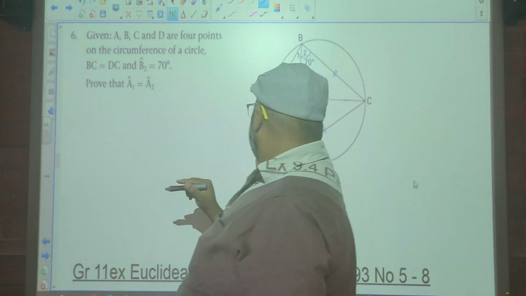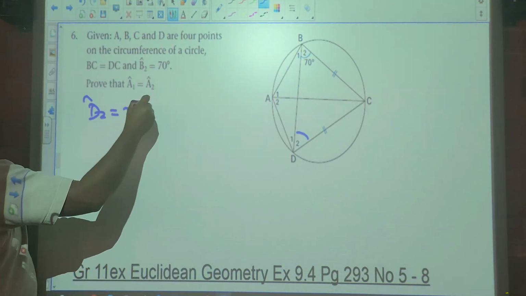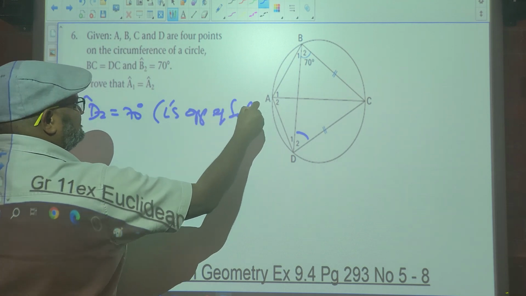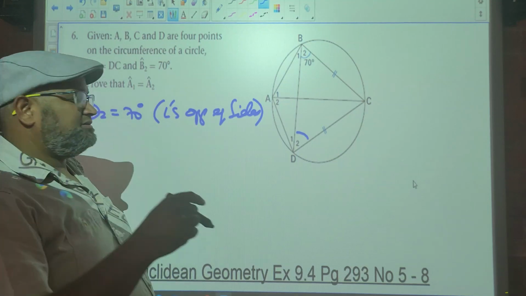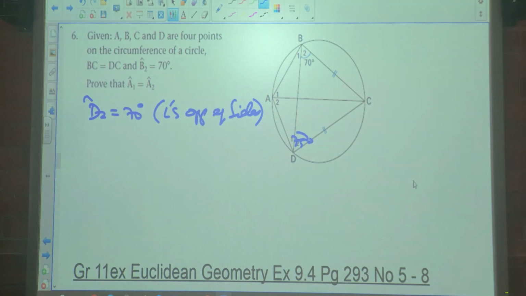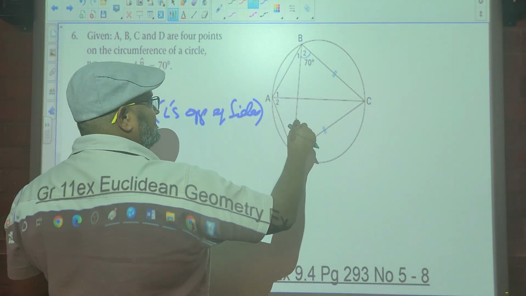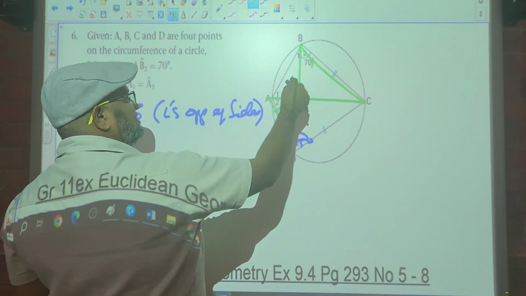So we already see that D2 is 70 degrees. Angles opposite equal sides. Which other angle is equal to 70? A2. Why? Angles in the same segment. There we go.